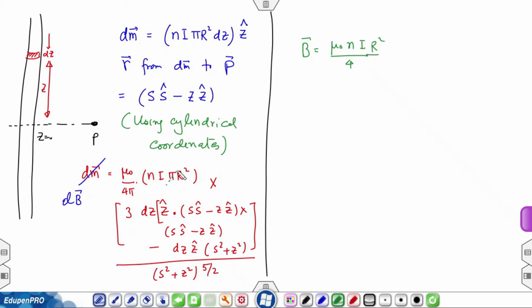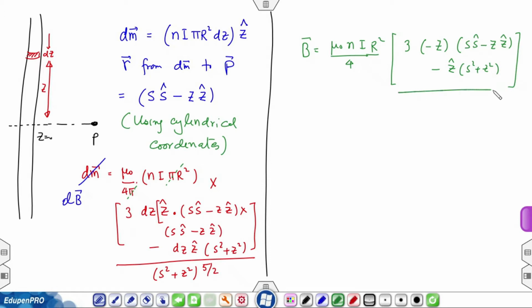I have cancelled this pi, and inside I am going to get 3 z dot whatever quantity I have written, which is going to be minus z times (s minus z unit vector), that is the first term, minus z (s square plus z square), that is the second term, divided by (s square plus z square) raised to 5 by 2, and I am integrating this from minus L by 2 to L by 2 over z.